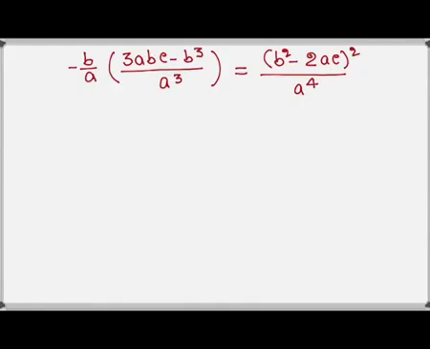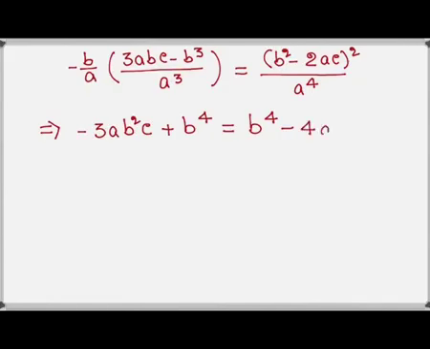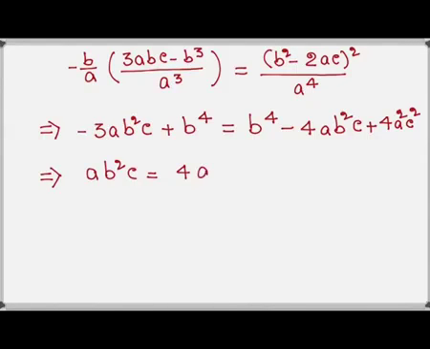From both sides we cancel 1 by a to the power 4 and we obtain minus 3ab square c plus b to the power 4 is equal to b to the power 4 minus 4ab square c plus 4a square c square, which implies ab square c is equal to 4a square c square.